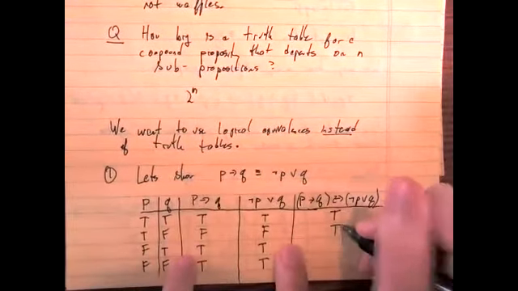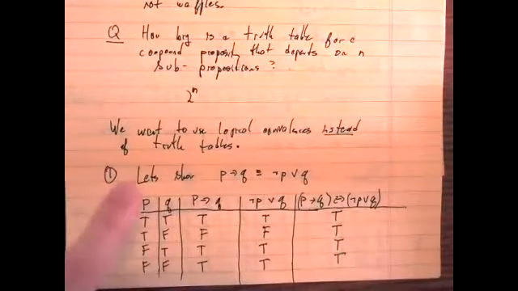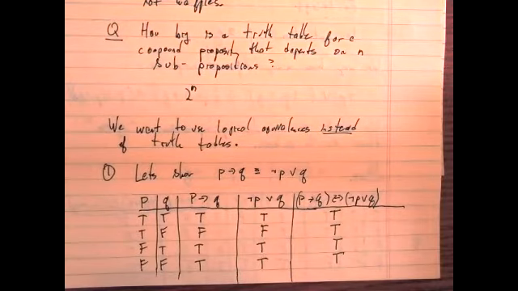True, true, true, true. So what do we conclude from this truth table? They're logically equivalent. Exactly. These are logically equivalent statements.